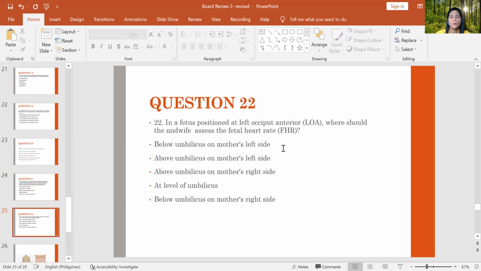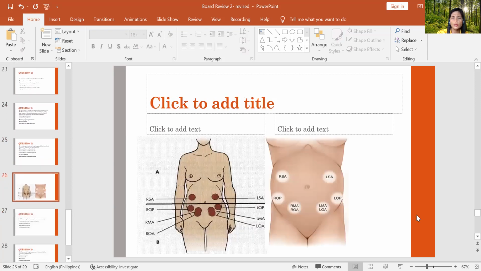Stethoscope o yung Doppler. So it is where you can locate better the fetal heart tone. Okay, ito yung kanyang itsura, kung saan we can put on or locate using the stethoscope or the Doppler.